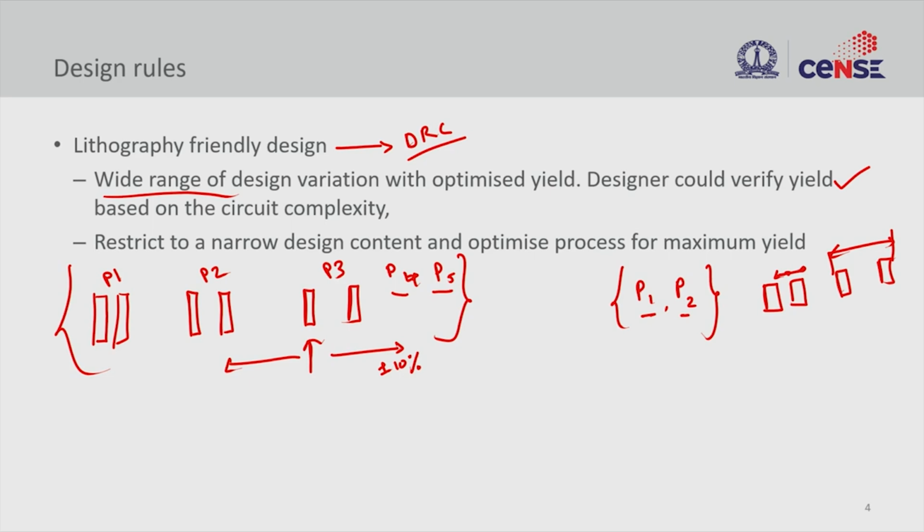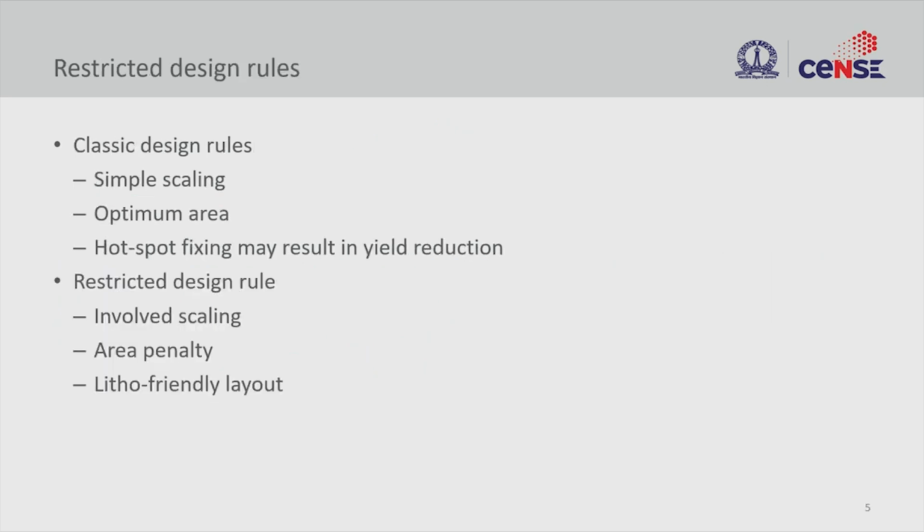That will put pressure on the designer that you have to comply to only these 2 variations, but then your yield is going to be high. So is your reliability. So there is always a trade-off between these 2, and it's up to the designer to choose what kind of rule or what kind of design you want to use in order to yield better circuits.